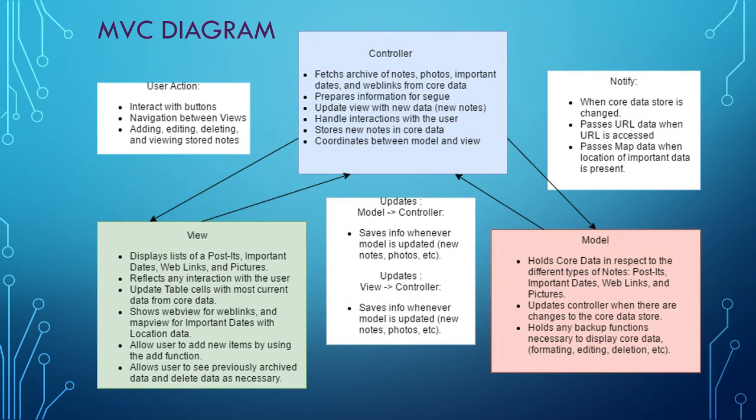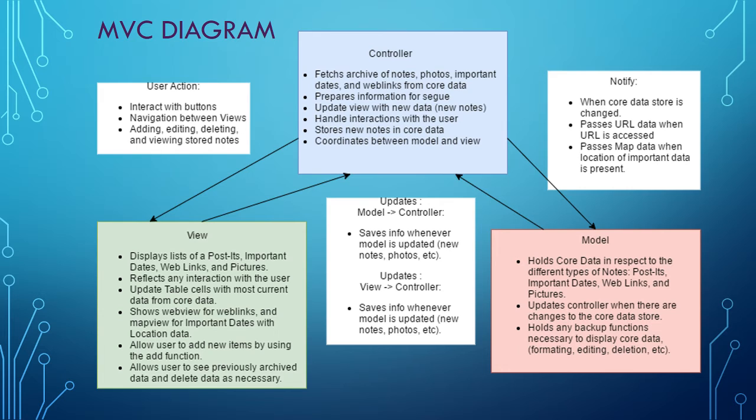So next I have my MVC diagram. To start, the view controller and the view's main function was to display the lists of post-it notes, important dates, web links, and pictures, and to interact with the user through these lists.